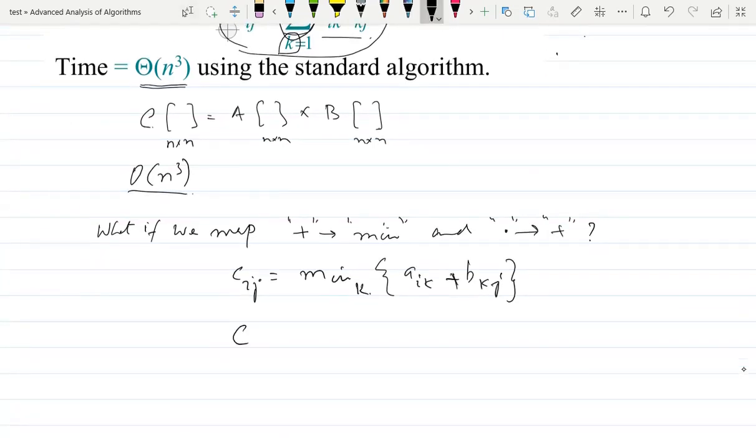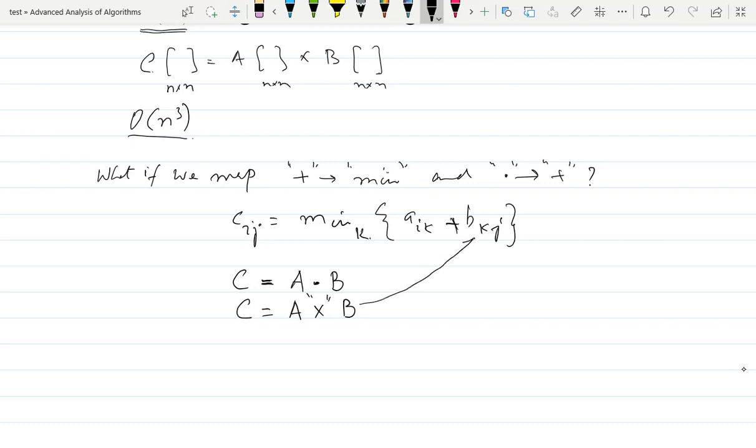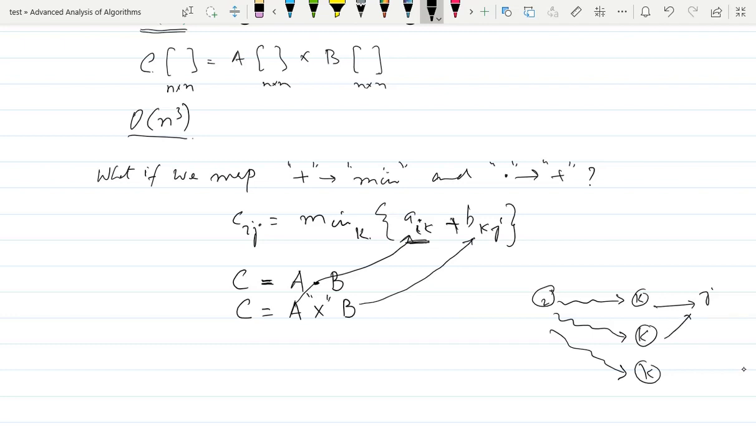Initially we were calculating C equals A dot B. Now by this new mapping, let's call it a new funny multiplication, and we say C equals A, this new multiplication, B. So this Aik actually represents the shortest path which we have calculated for all different k's, and then there is a direct link between k and j.